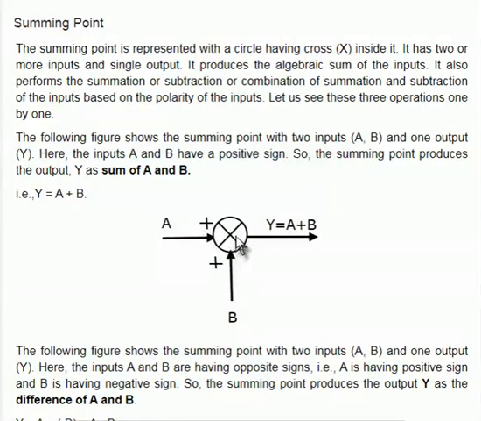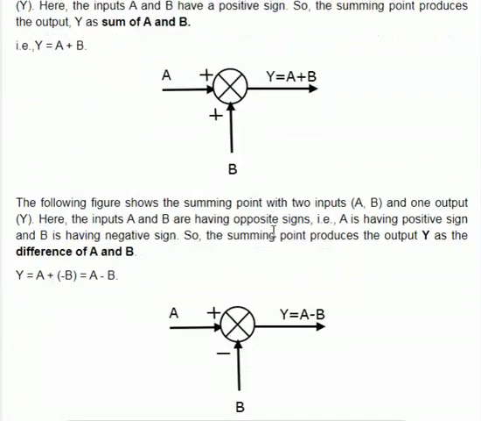If these two inputs to the summing point have a positive sign, the output from the summing point is A plus B, the summation of A and B. So is it clear? If these two inputs have a positive sign, then the output of that summing point is addition or summation. Okay. So the next one is here.